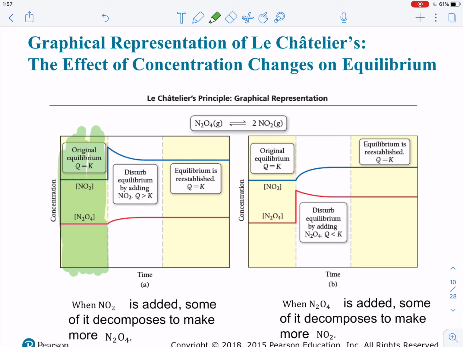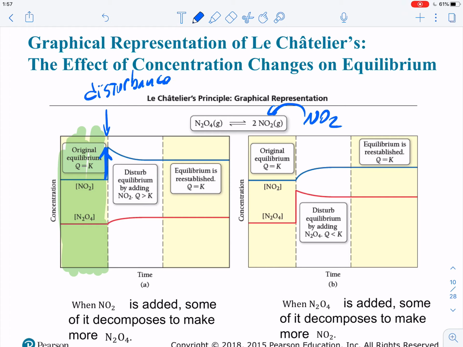In this particular case, you are adding more NO2, so the concentration increases up to that point. This is the point of disturbance, and you added more product.